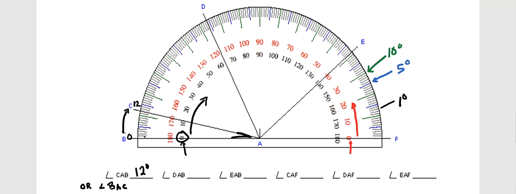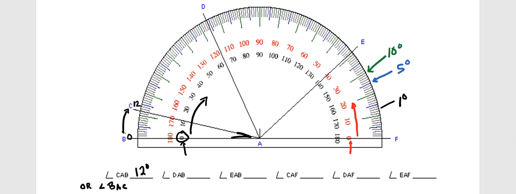And I could have done that by counting each of these individual tick marks: 1, 2, 3, 4, 5, 6, 7, 8, 9, 10, 11, 12. But that gets a little cumbersome, and you might get lost counting the individual tick marks or hash marks. So we like to know how to use the scale to our advantage. So let's do one more and then I'll leave you on your own to do the rest.